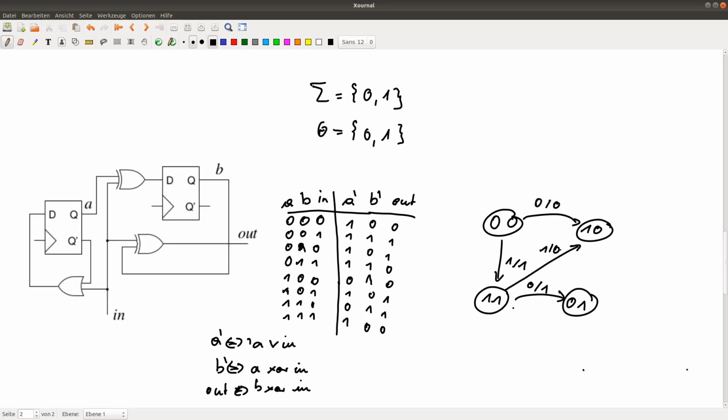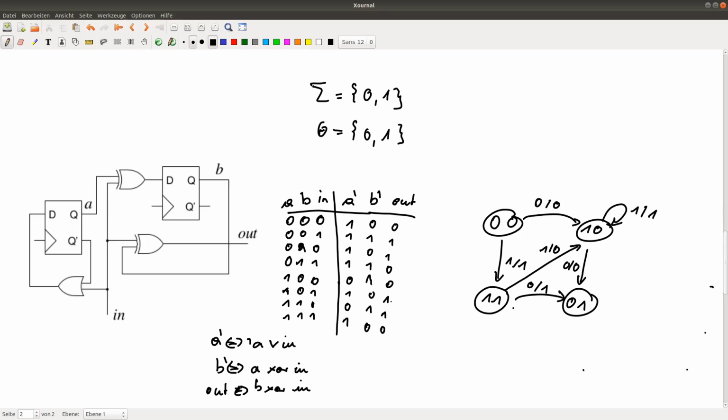Okay, then let's proceed with state 1, 0. If we read a 0 in this state, we go to state 0, 1, and we also write a 0. And if we read a 1, we stay in this state and write a 1.